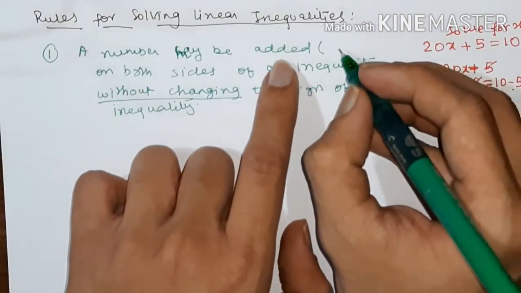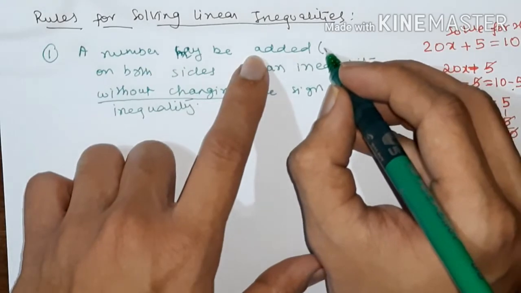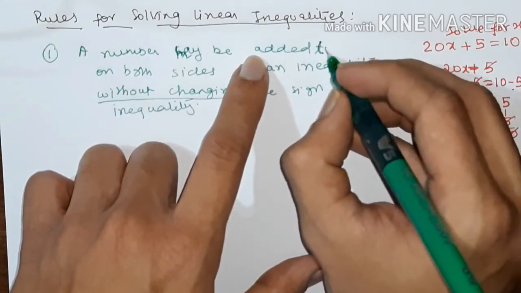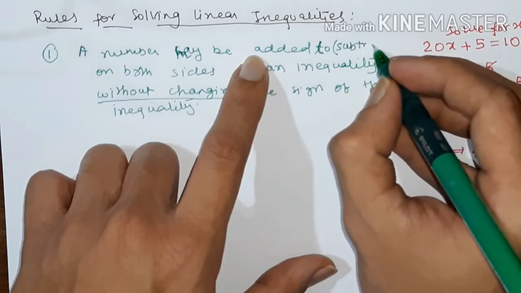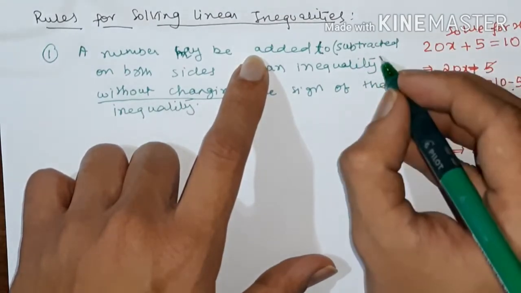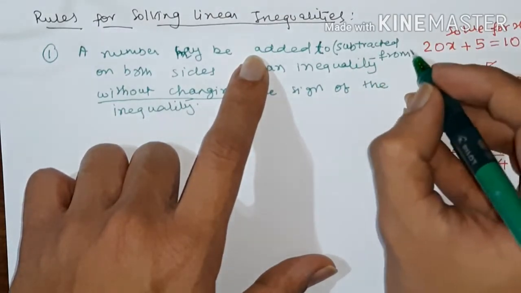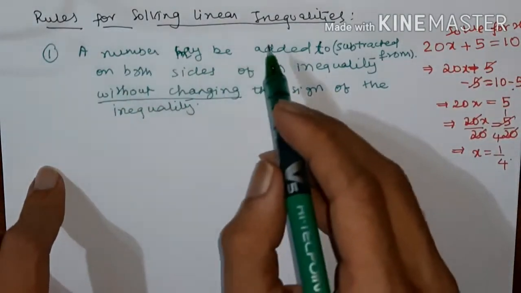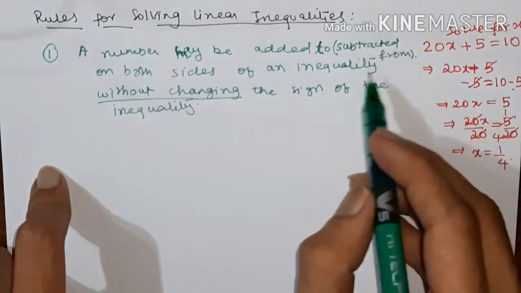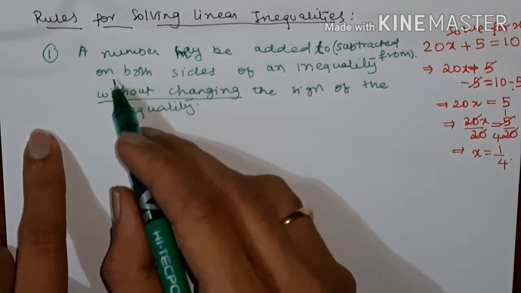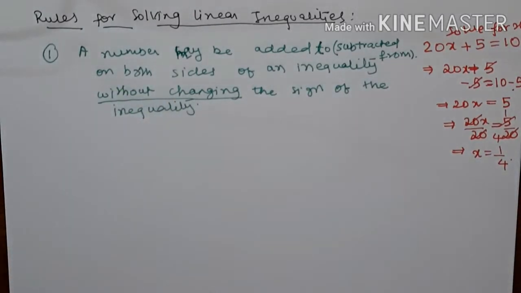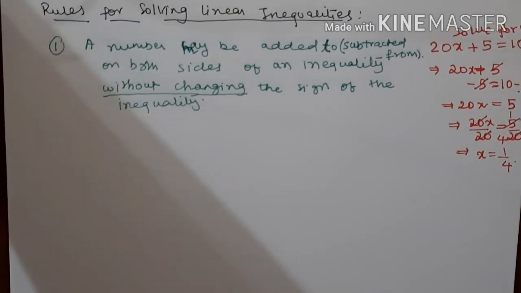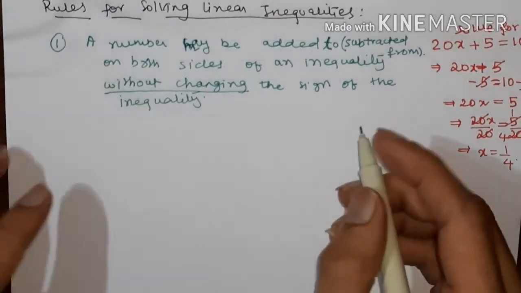And a number may be added to or subtracted from both sides of an inequality without changing the sign of the inequality. Let us take an example and understand this.